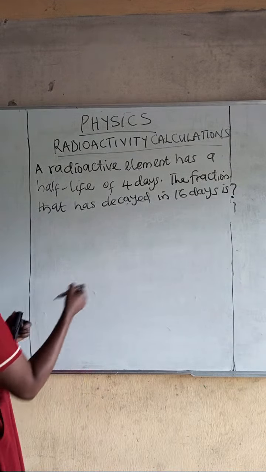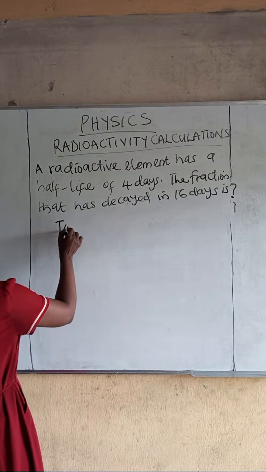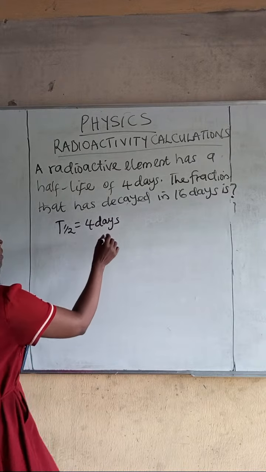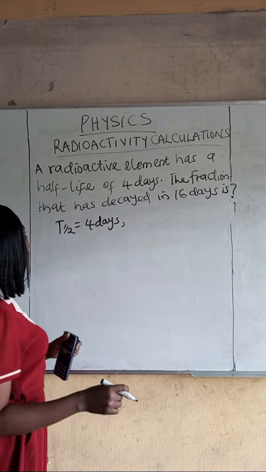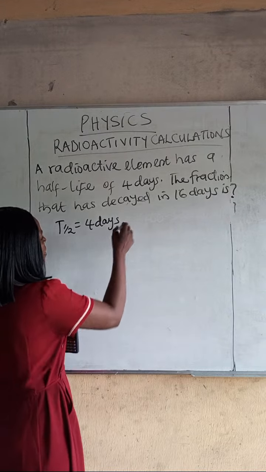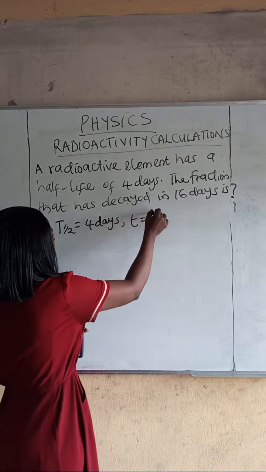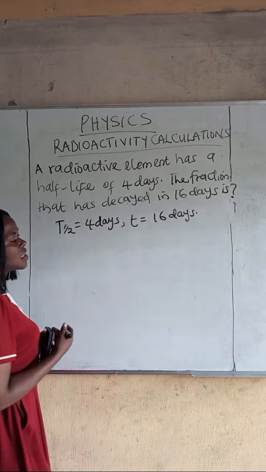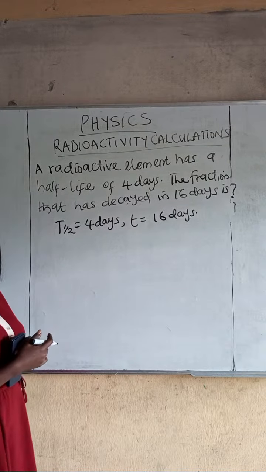So let's go. My half-life is equal to 4 days. Then the fraction is what you're looking for, but they give us time. Time is what? 16 days. You're looking for the fraction. Which fraction are you looking for?